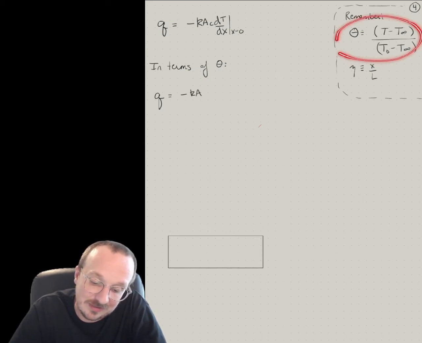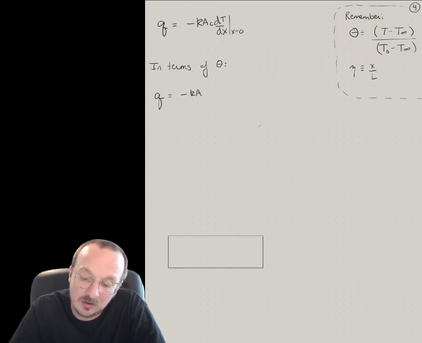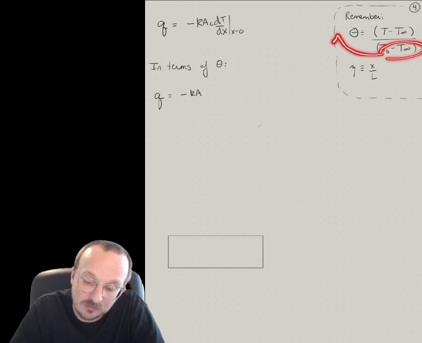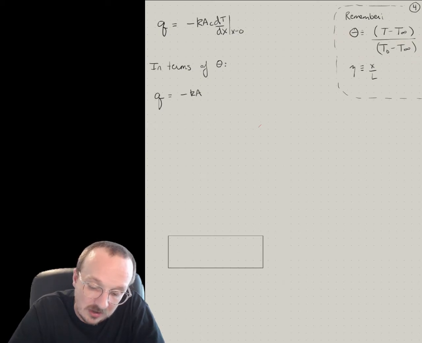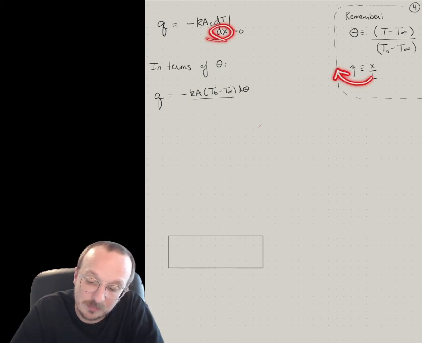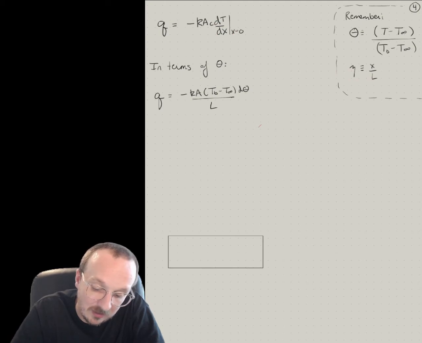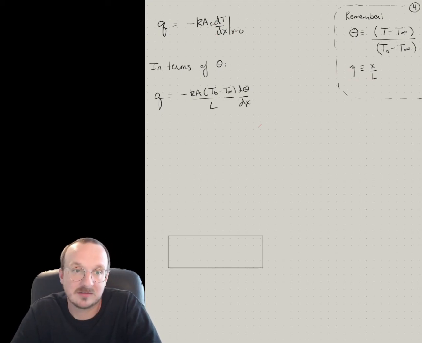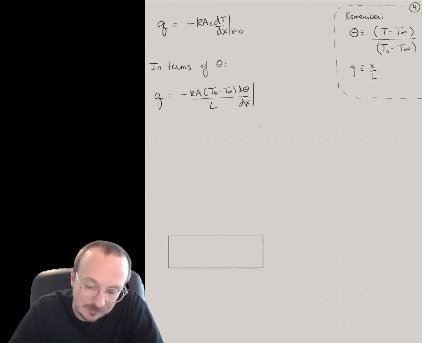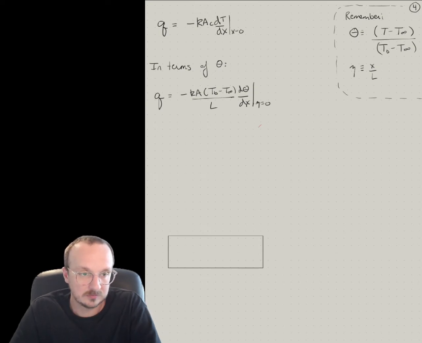And then if this is theta, we need to get dT, so we'll multiply this over and take the derivative of both sides. You'll get Tb minus T infinity of d theta divided by L dx, and this is going to be at z equals 0.